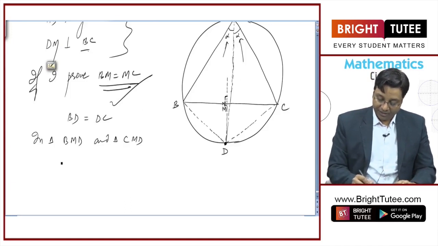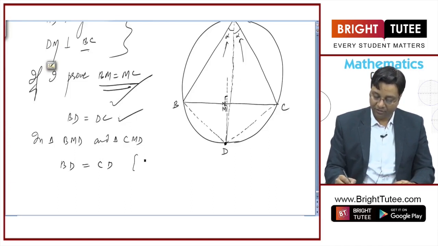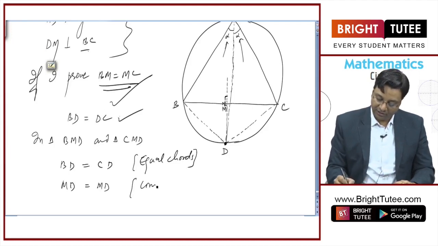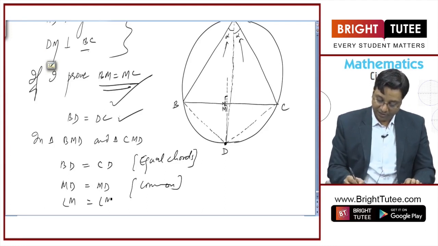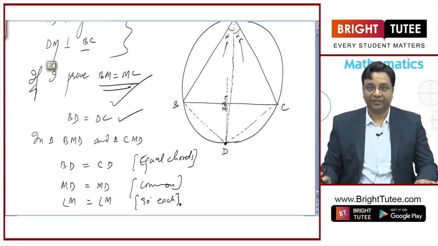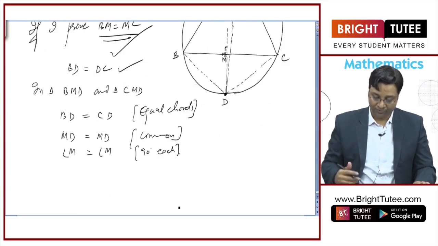So BD is equal to CD because equal chords, right? MD is equal to MD, common to both triangles, and angle M is equal to angle M, 90 degrees each, because we have taken it so.